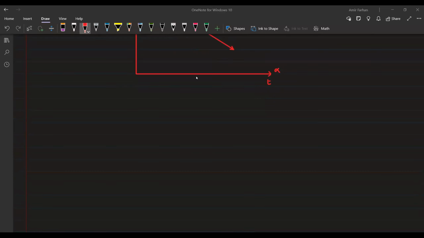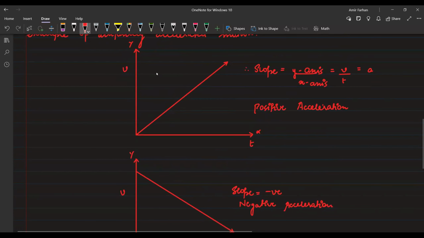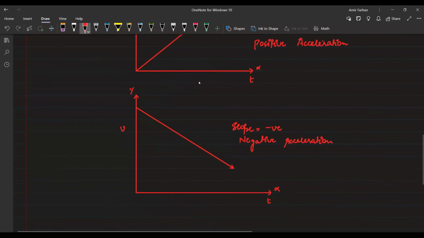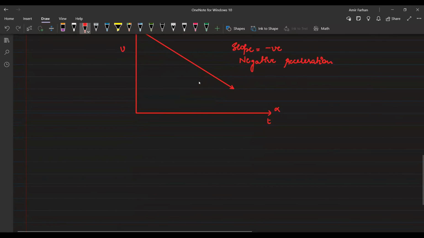Yes, this is your constant acceleration. If I'm saying uniformly accelerated motion, constant acceleration is the same thing. So don't get confused if somebody asks which one is constant acceleration and which one is uniformly accelerated. Constant acceleration has this same graph, because at every point the slope, the acceleration, is the same.